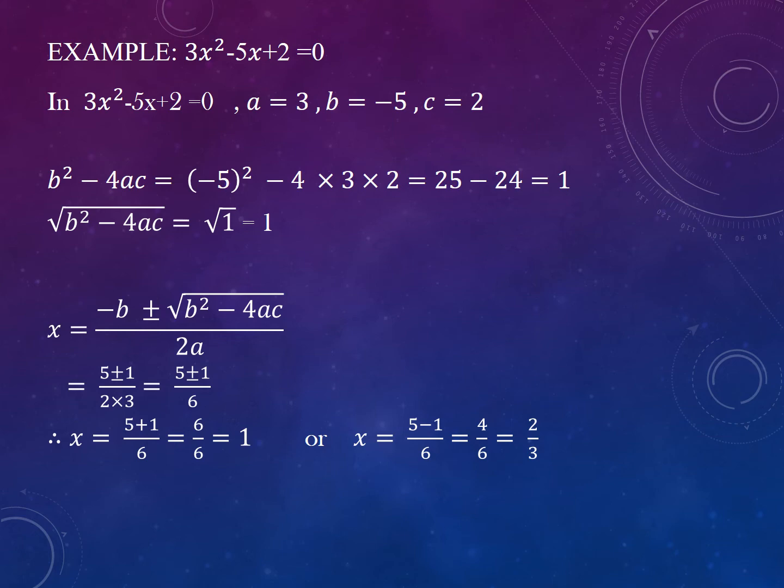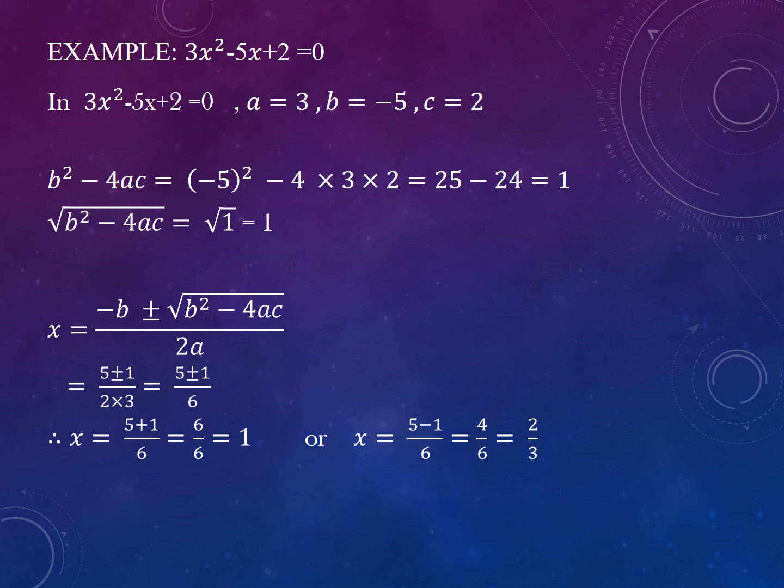Substituting the values, we have (-5)² - 4 × 3 × 2, which is equal to 25 - 24 = 1. Square root of b² - 4ac is equal to square root of 1, which is also 1.